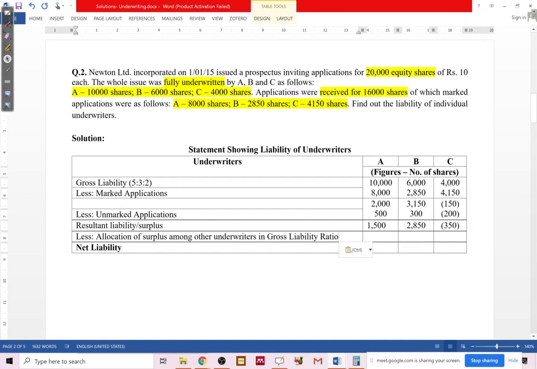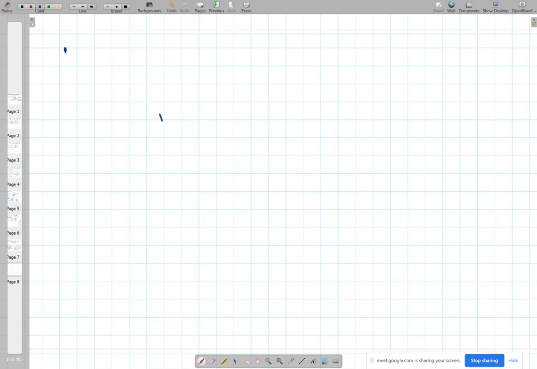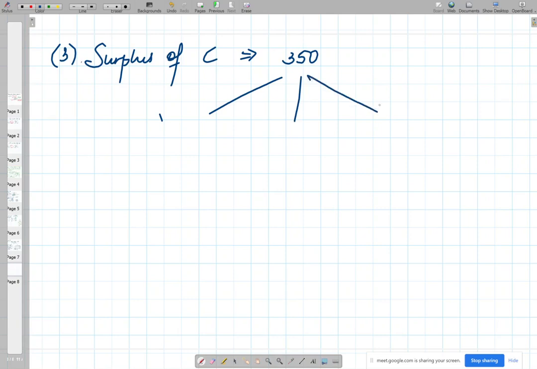So how much is the surplus right now? 350. Let's calculate. Third one. Let's see what to do with the surplus. Surplus of C, you don't really need to show a working note for this, it is very simple, but just to show you, surplus of C you need to distribute between the other underwriters.